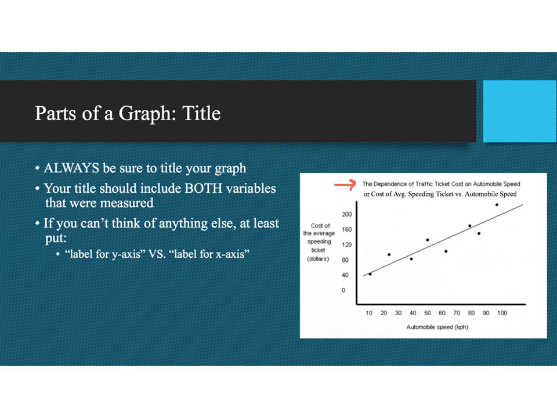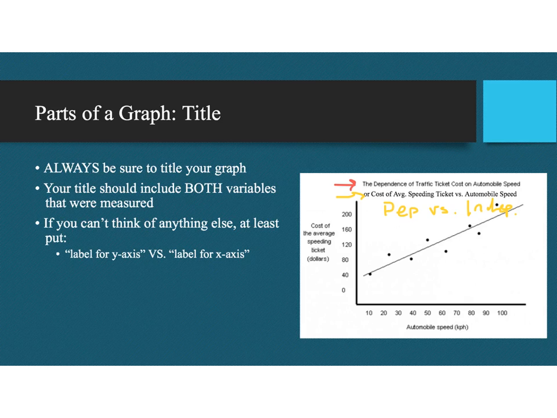Or you could just do a very simple one: Cost of average speeding ticket versus automobile speed. Typically in that sense, you're always going to do your dependent variable and then have versus your independent variable.